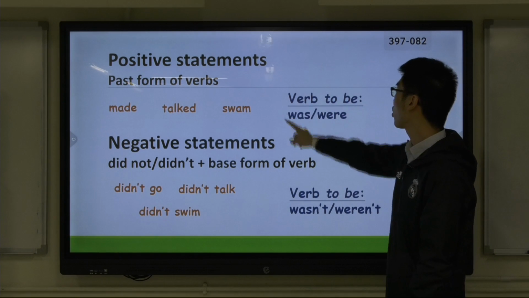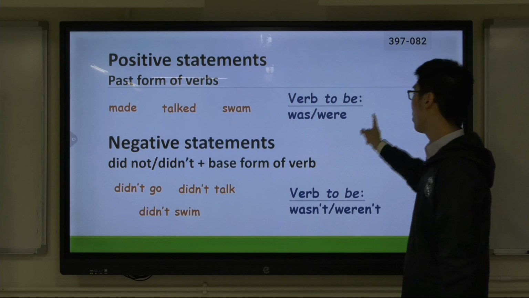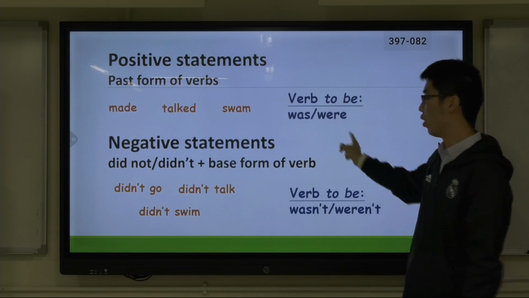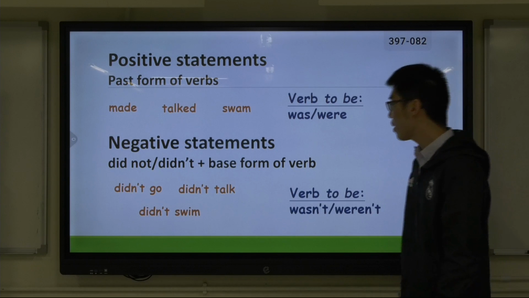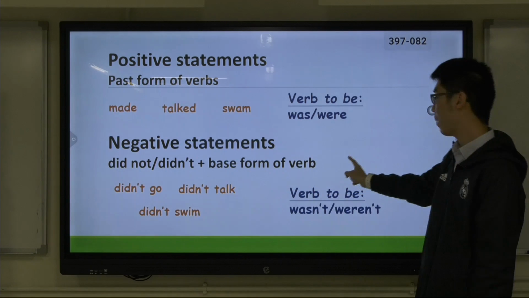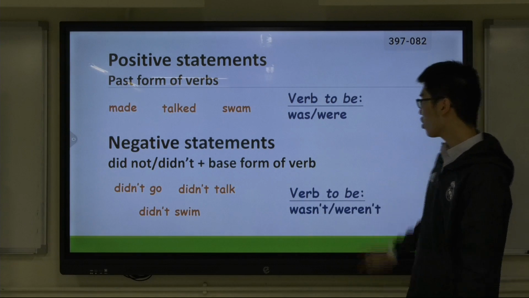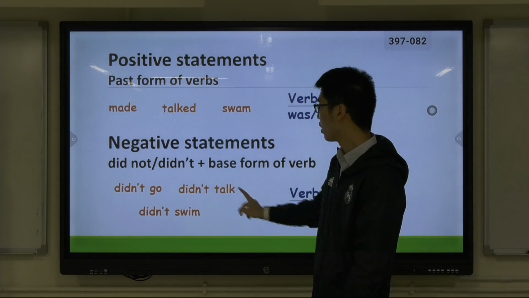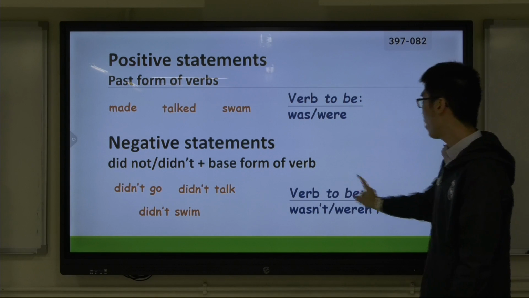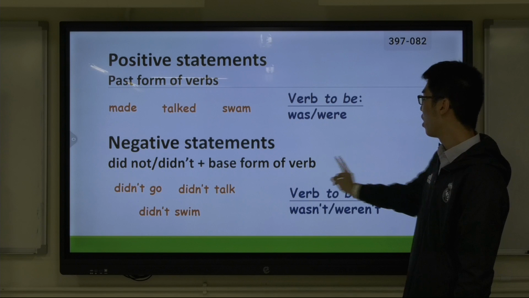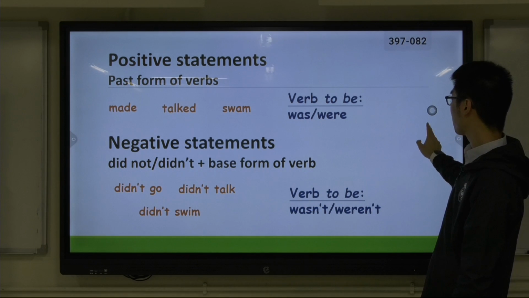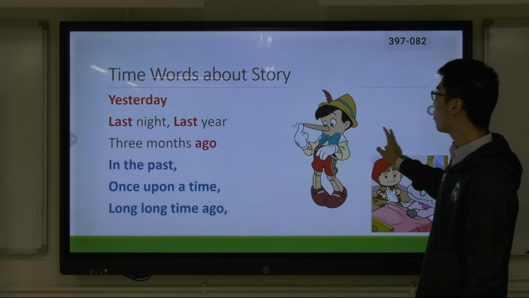Was and were are also important to remember, when we use was and when we use were. For the negative statement, we need to add did not or didn't before the base form of the verb, just like we didn't talk, we didn't swim. For the verb to be, it also has the negative form wasn't or weren't.